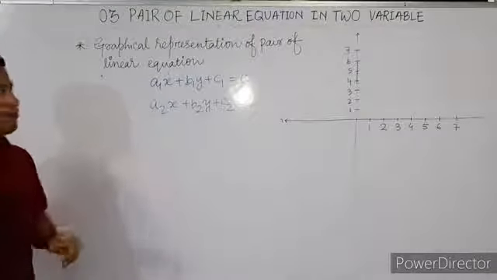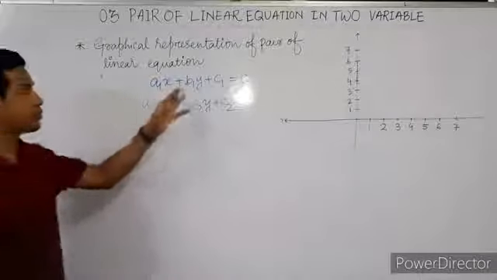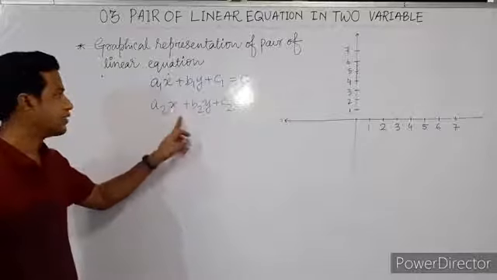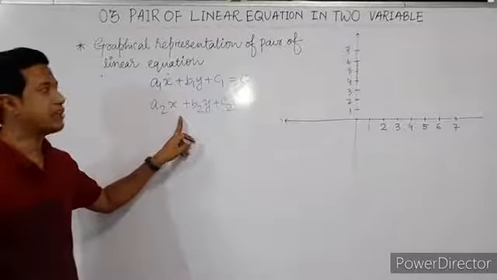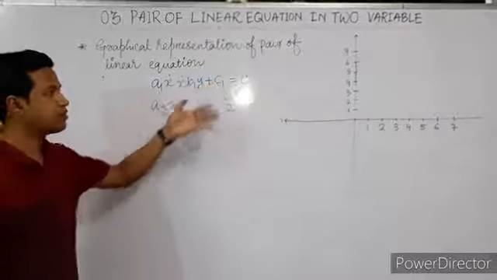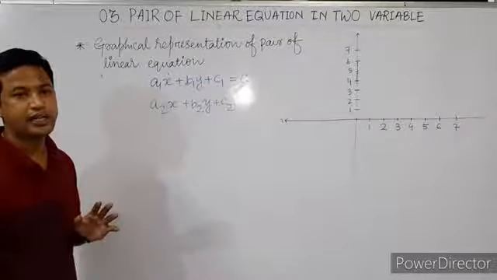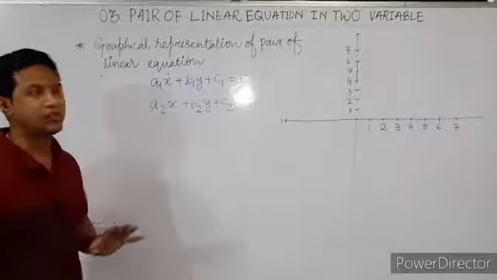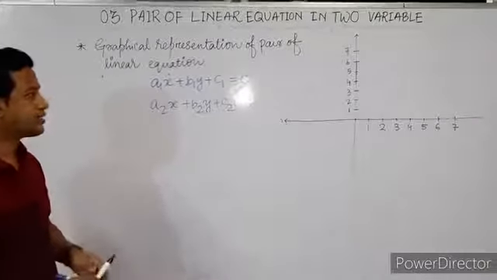When you plot the graph of these two equations, each has a straight line, so we get two straight lines, and there are three possible cases that can happen with the graph. So what are the three cases?